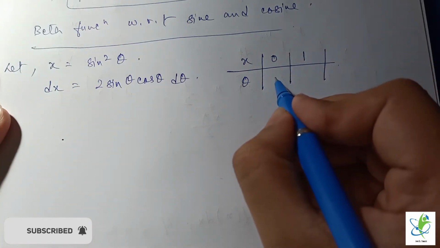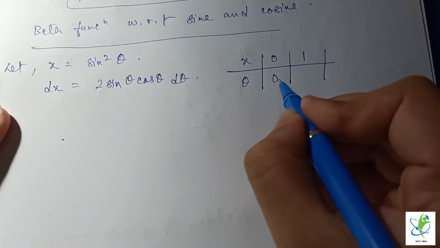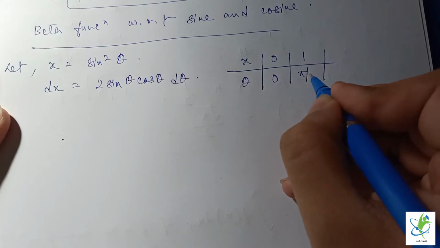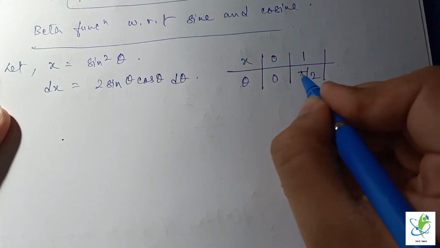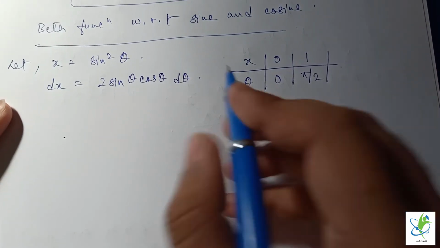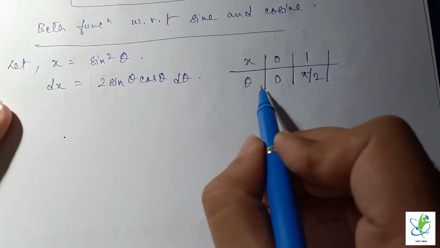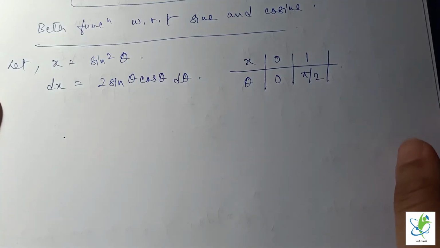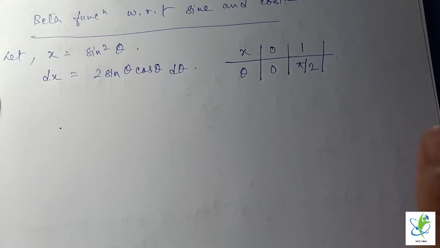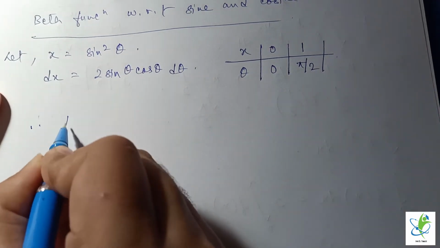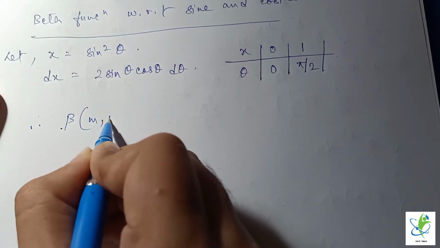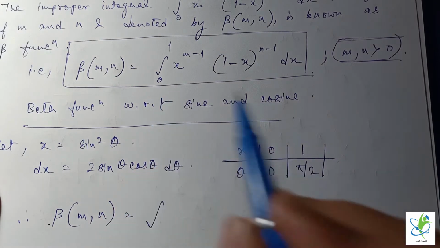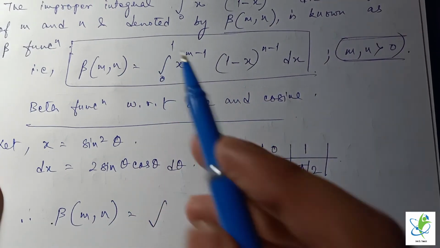For theta equal to 0, sine theta is 0, and when theta is pi by 2, sine theta is 1. So the limits of theta are 0 to pi by 2. Now we can write beta m and n equals to, with the limits changed from 0 to 1 to 0 to pi by 2.